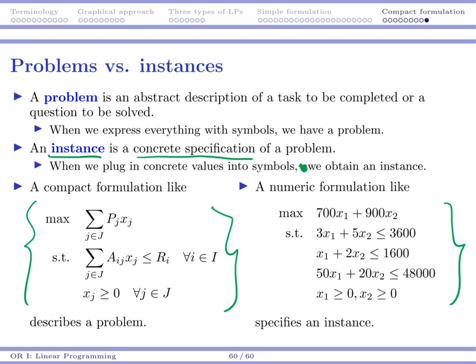And eventually you will learn that whenever some people are trying to invent algorithms to solve, for example, linear programs, pretty much they are dealing with problems. Okay, so once we have a model, that's a problem, and once we are able to solve a problem, we are able to solve all those instances.